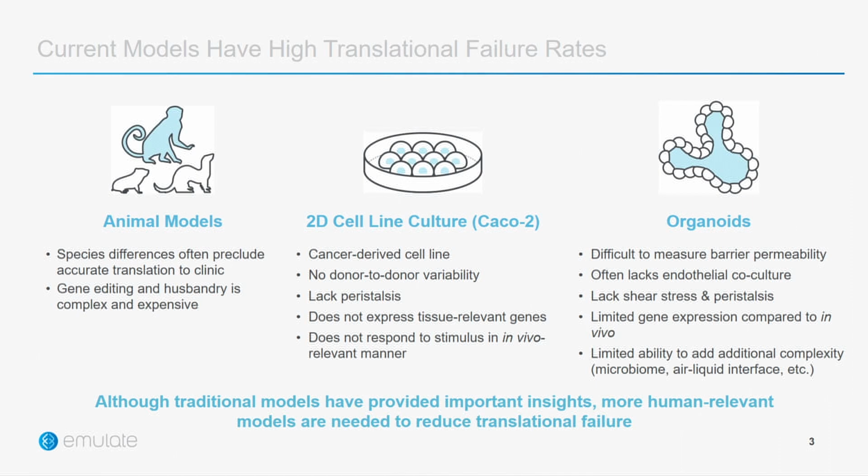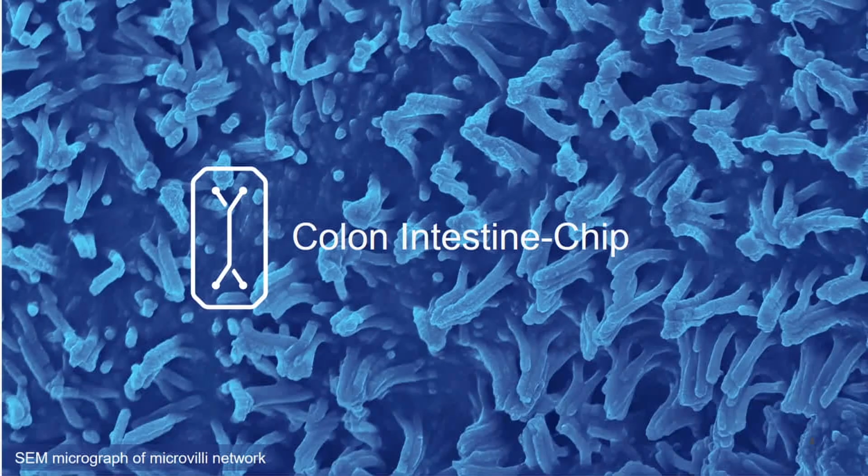On the other end, organoids do resemble the cellular composition of the native tissue. They maintain the unique genetic background of each patient, and theoretically they can be expanded and propagated indefinitely without karyotypic changes.